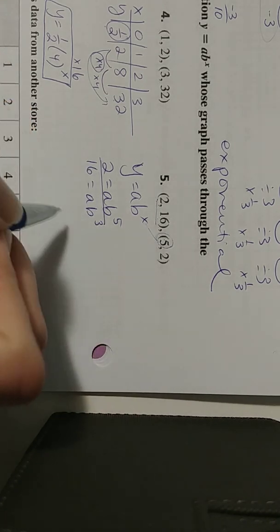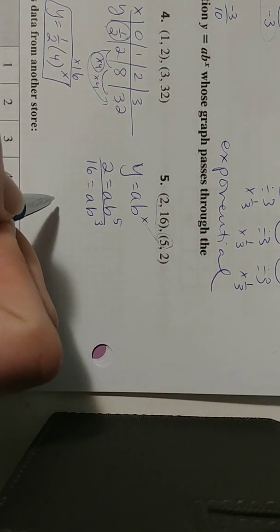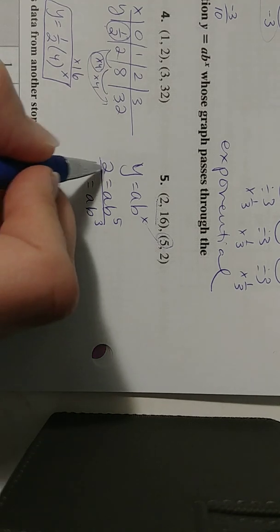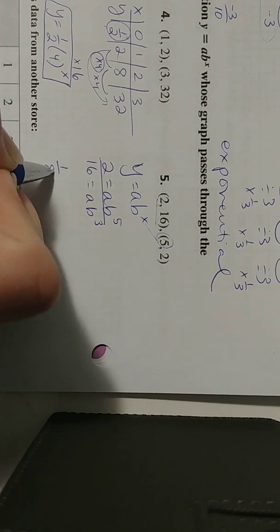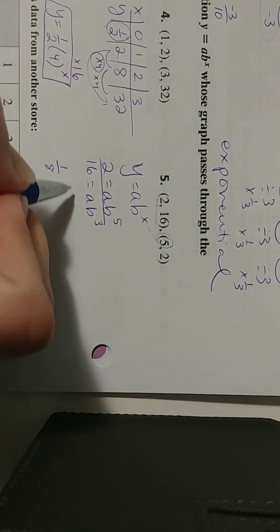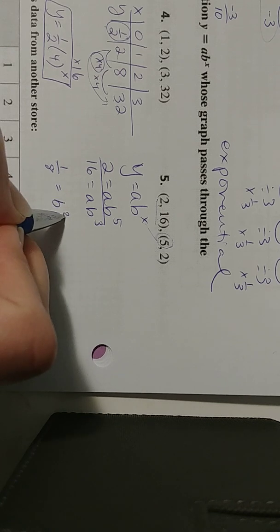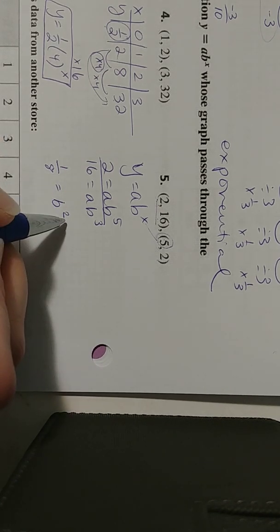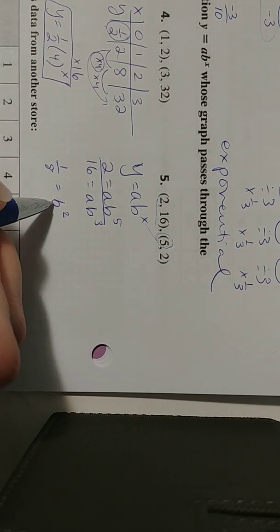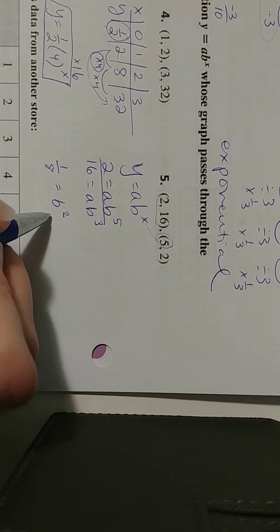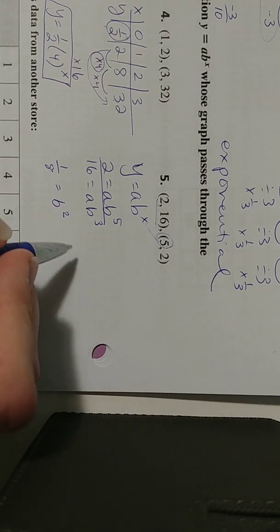And if I divide one equation by the other, it's like mashing them up into one equation. I get 1/8 equals a over a, cancels, b to the 5th divided by b cubed is b squared. So if 1/8 is b squared, then b is going to be the square root of 1/8, which is not really a pretty number, unfortunately.